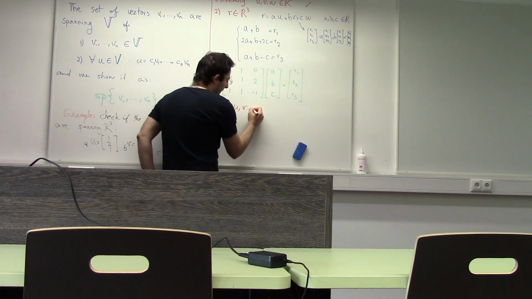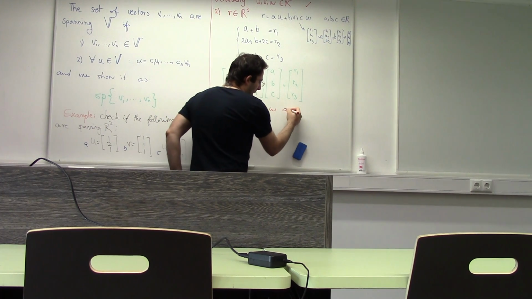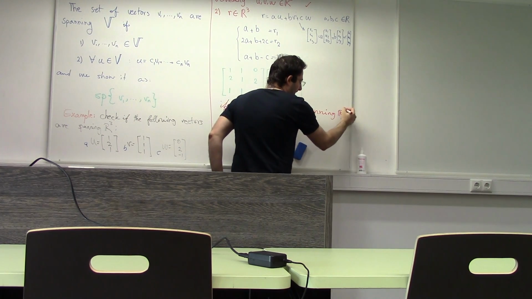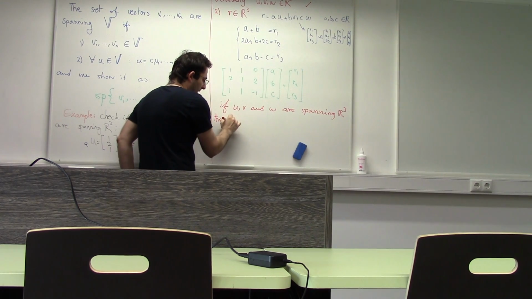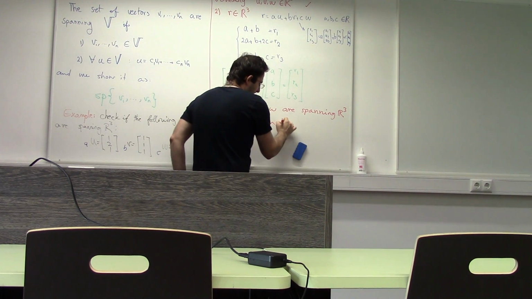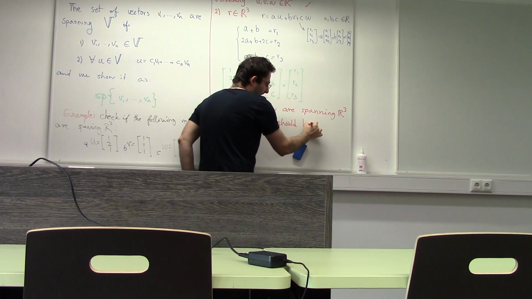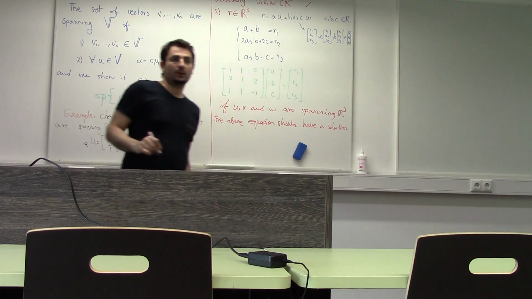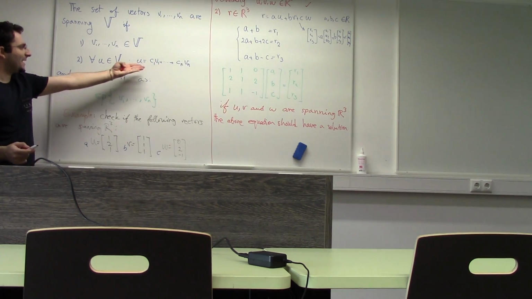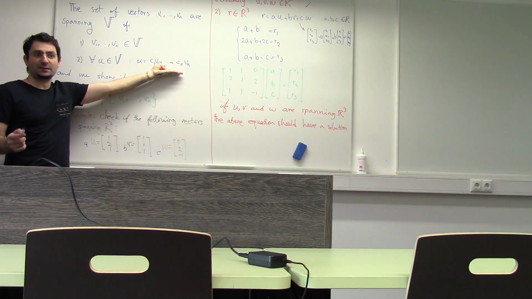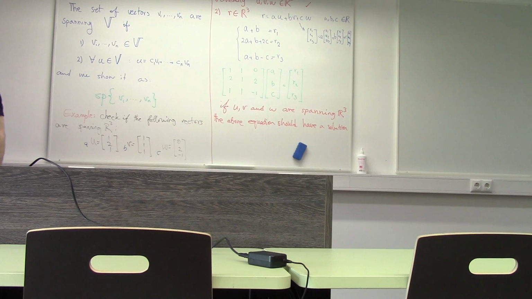The above equation should have a solution. Right? If it doesn't have a solution, it means that there exists a vector u in R3 which I cannot create by a linear combination of my span vectors. So it must have a solution.